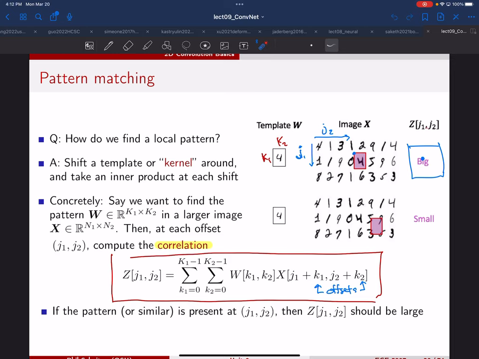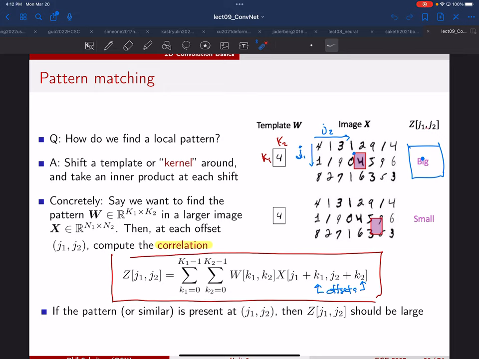Okay, so that is described in this equation. Here we see J1 and J2 are the index in the output image. They're also the top left corner of the location in the original image at which we're doing the convolution, or let's say the inner product.